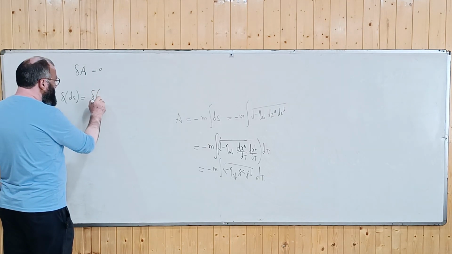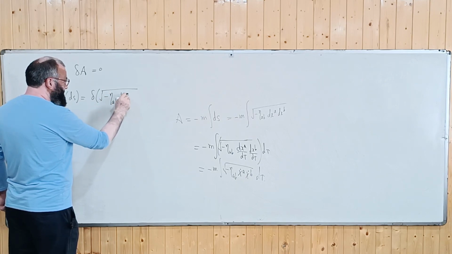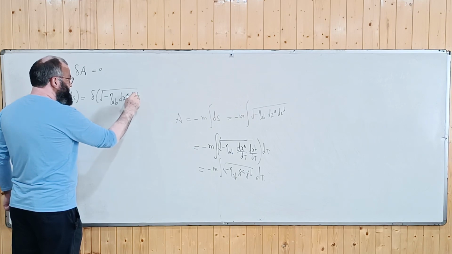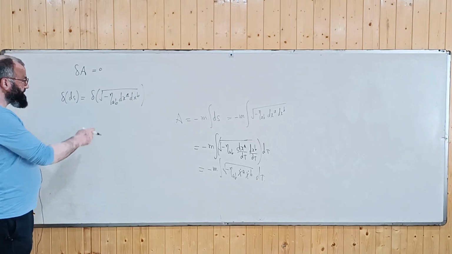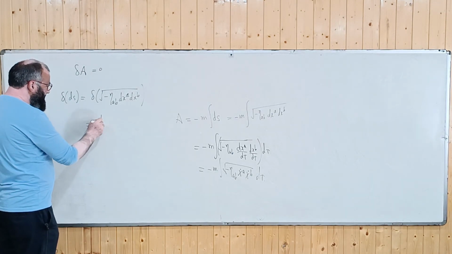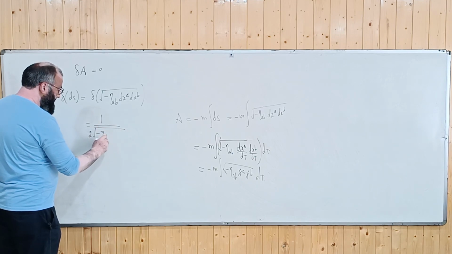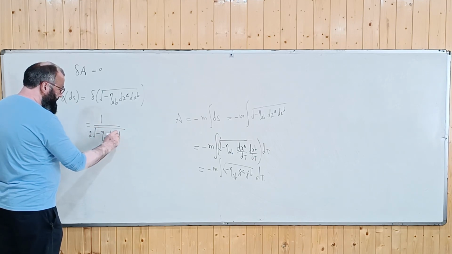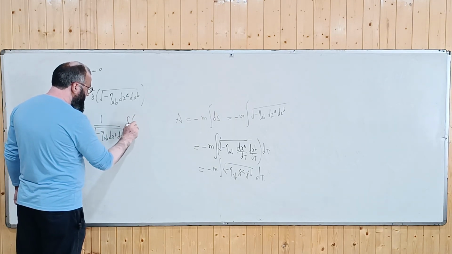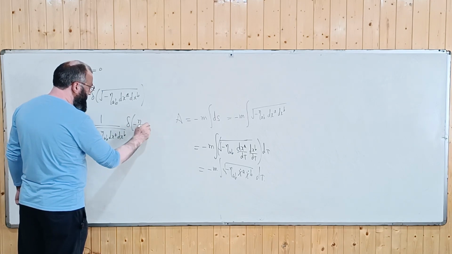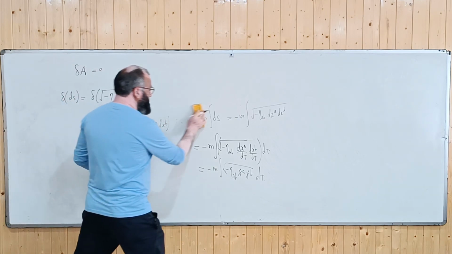It is the variation of this root of, so I am doing it just for you people, or otherwise we have done this already. Can I write it? Now tell me, you can think of it as a root of x, so it is simply 1 divided by twice the root of minus eta ab dxa dxb. Can I write it? Then you have to vary minus eta ab dxa dxb, differentiation inside the function.